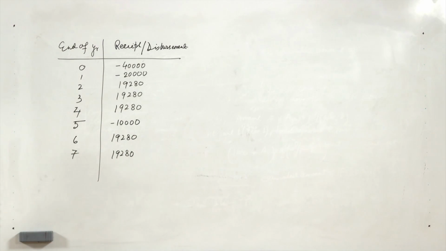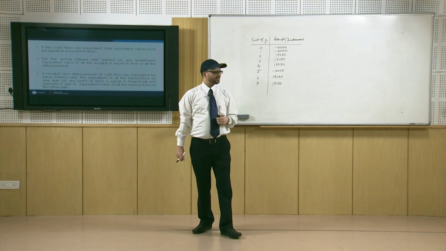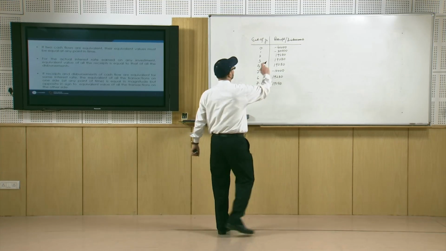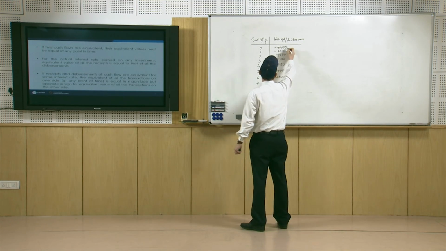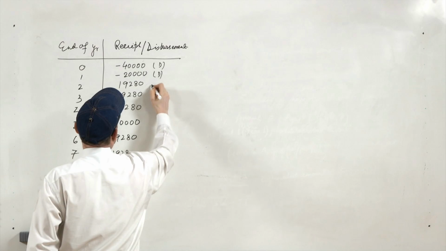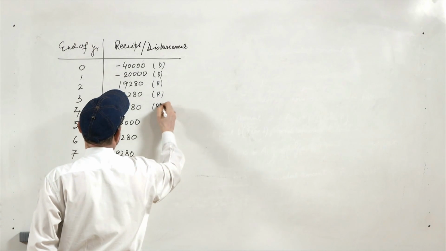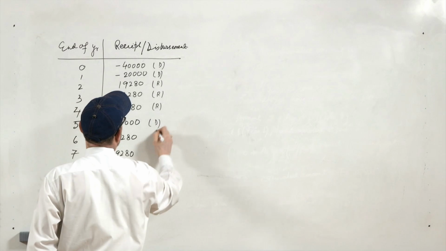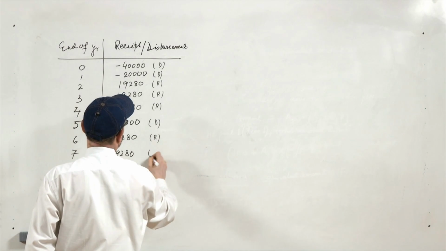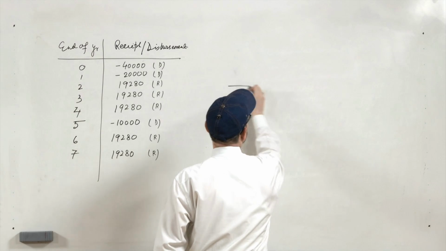This is a type of cash flow which is generated in the investment. You have the negative values as disbursements and the positive values are the receipts. The cash flow diagram can be drawn like this.